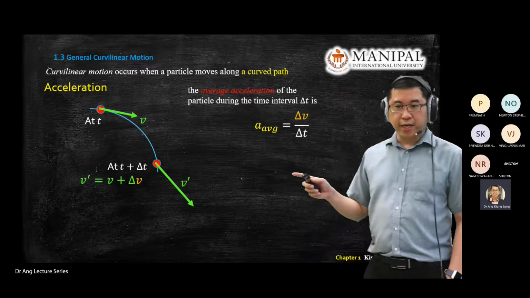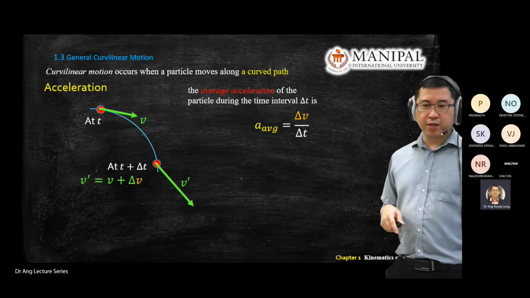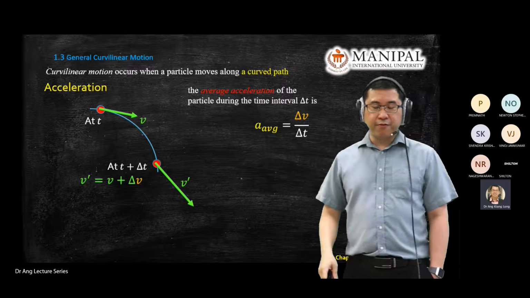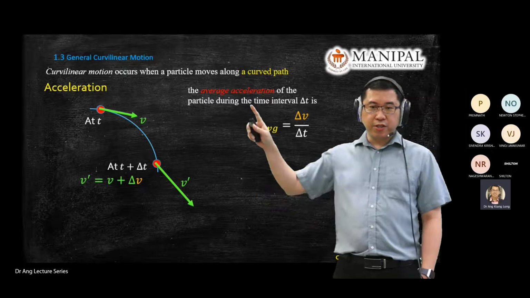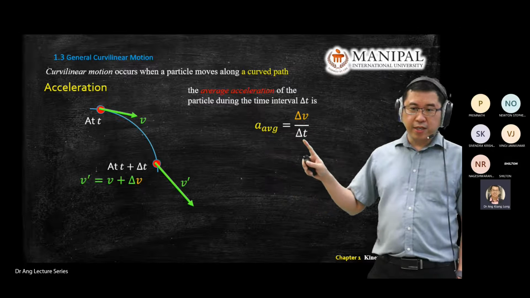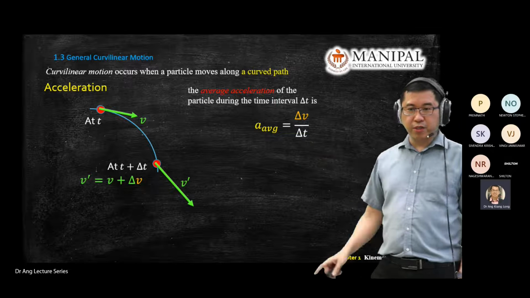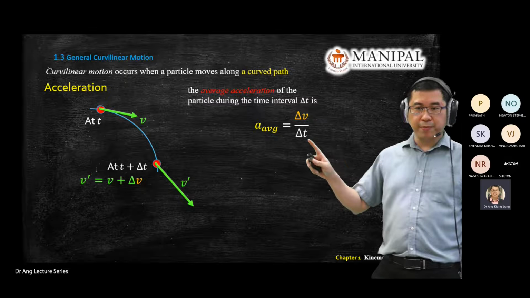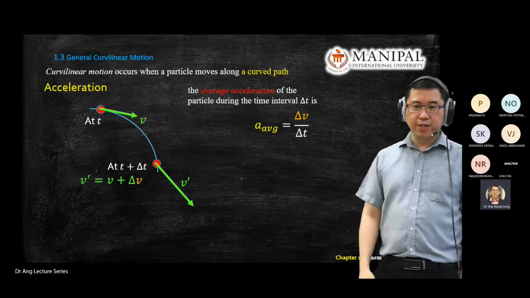Again, just now we talked about average velocity. Now we talk about average acceleration. Average acceleration equals delta v divided by delta t, which is the change of velocity divided by the change of time.